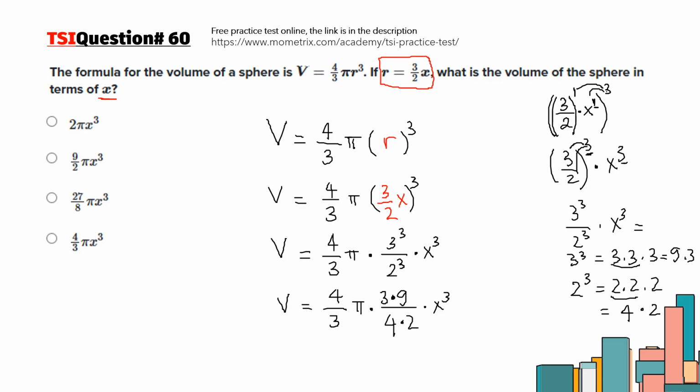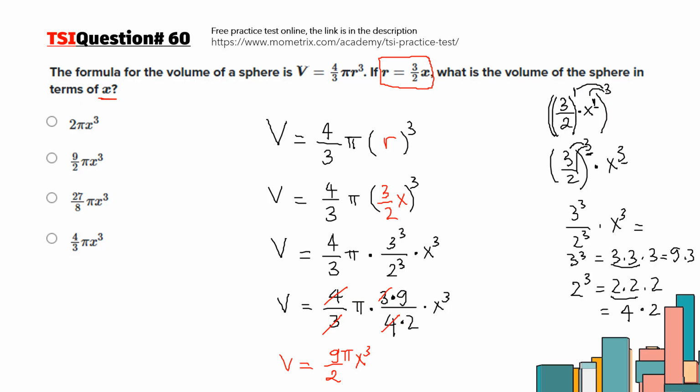Now we cancel the 4. We cancel the 3 on top and bottom. 4 divided by 4 is 1. 3 divided by 3 is 1. So the answer is V equals 9 pi over 2 x cubed.